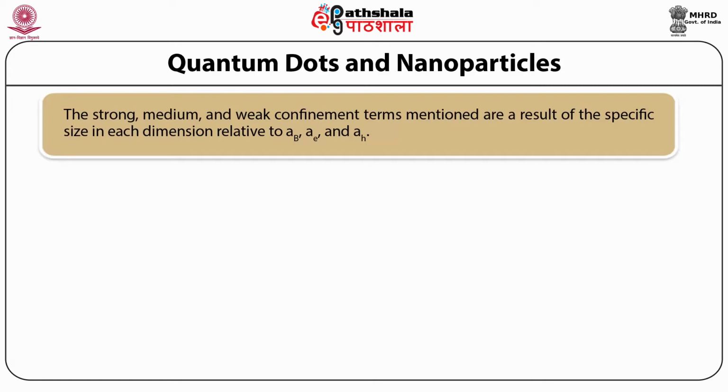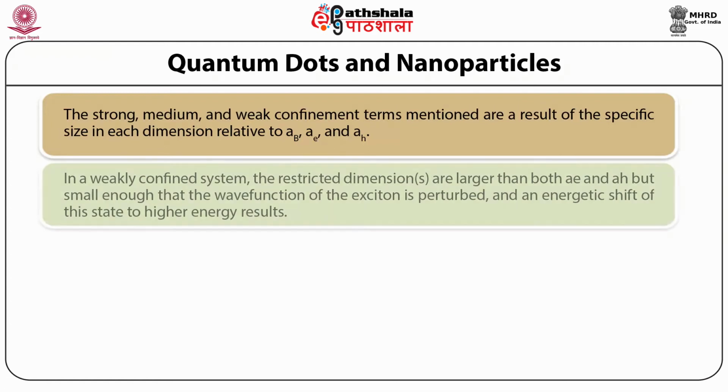In an intermediate confinement regime, the size of the confined dimension is smaller than that of Ae but greater than Ah. In a weakly confined system, the restricted dimensions are larger than both Ae and Ah but small enough that the wave function of the exciton is perturbed and an energetic shift of this state to higher energy results.